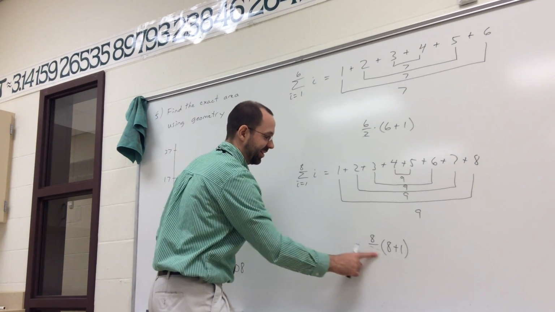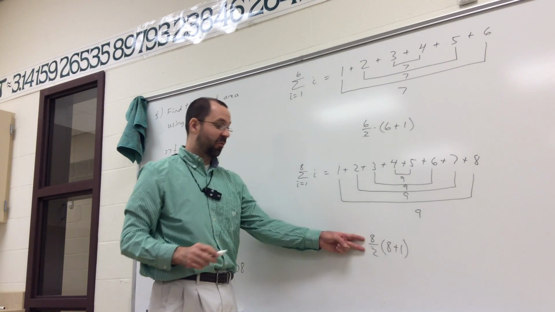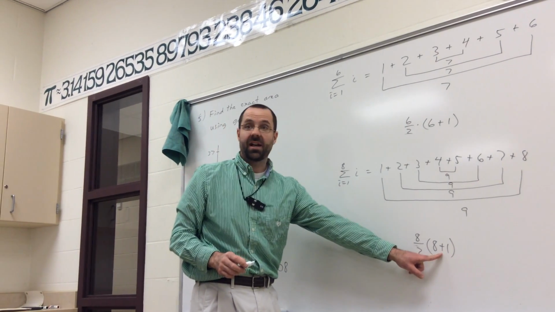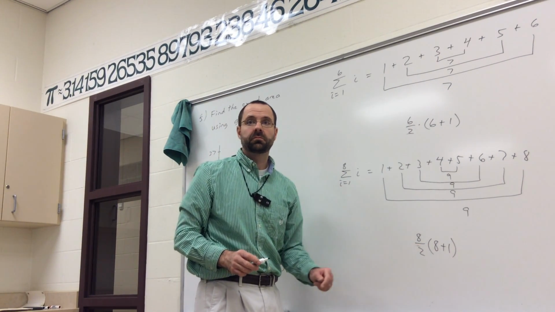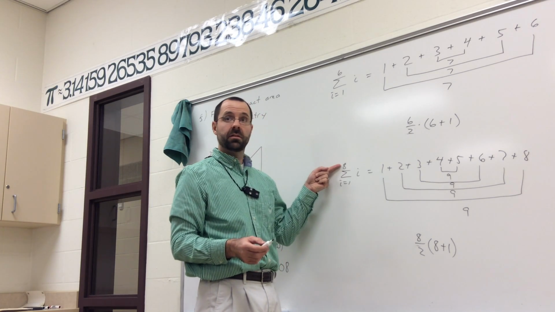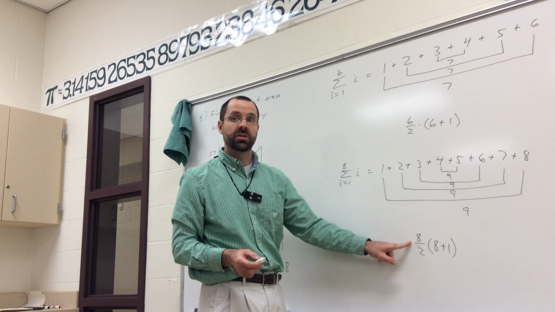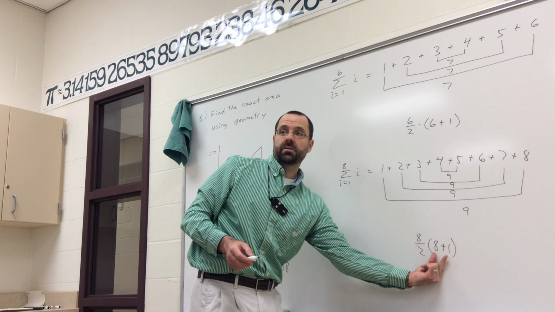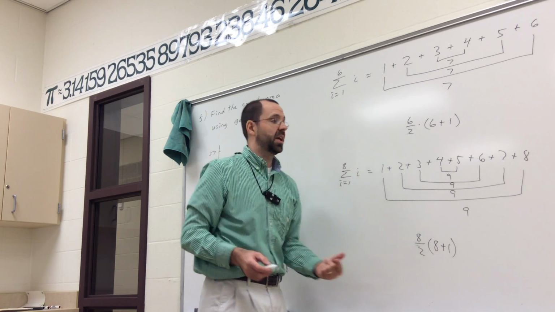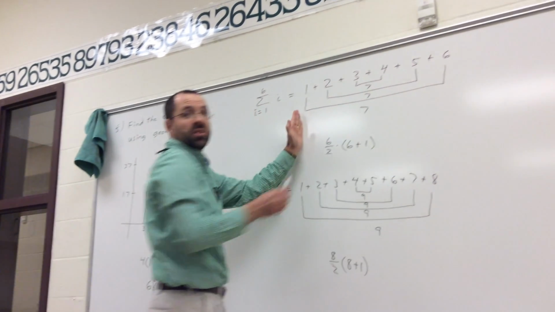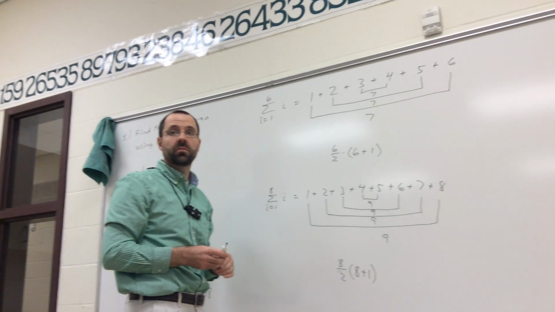Keep messing that up, sorry. 4 pairs of 9, right? So in general, if that's n, then there's n divided by 2 pairs of n plus 1. And the n plus 1, the last number plus the first number, is how you figure out what the pairs add up to.